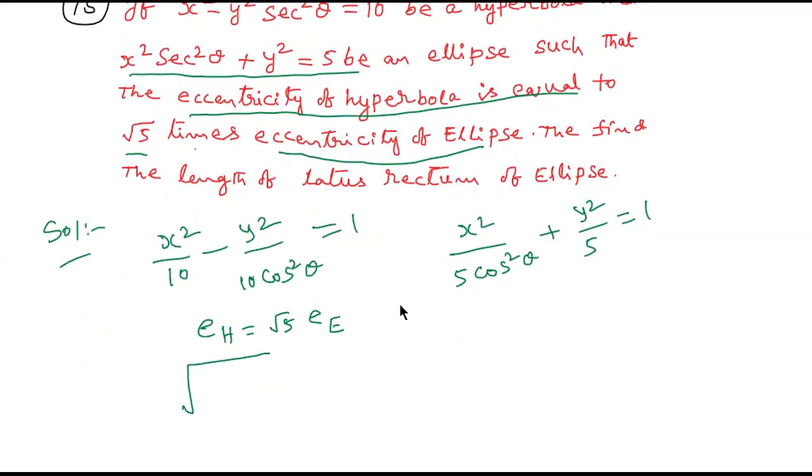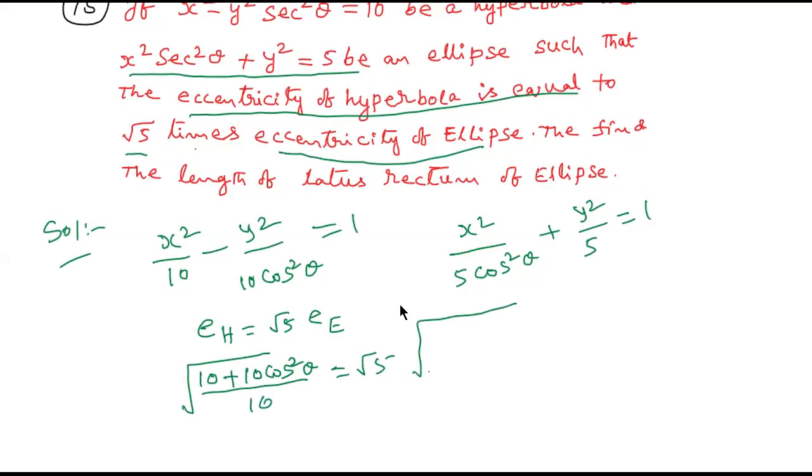Eccentricity of hyperbola means root of (a square plus b square) divided by a square, that is equal to root 5 times eccentricity of ellipse.